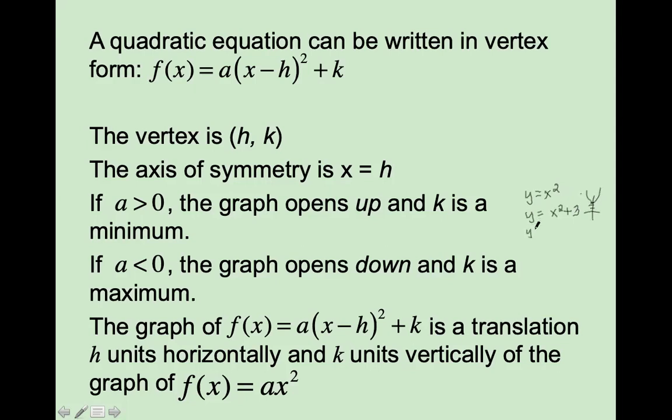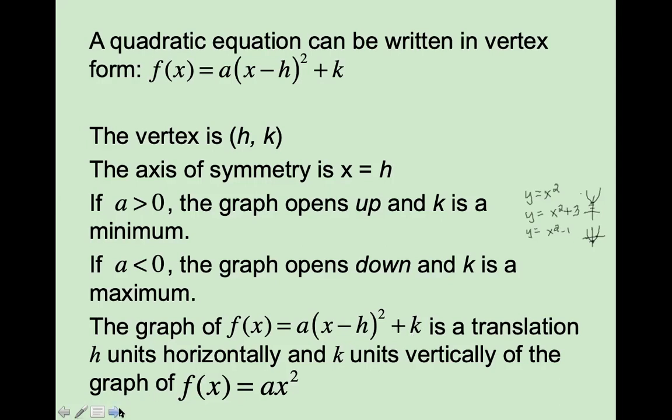If I have y equals x squared, say, minus 1, that's going to take our parent graph and shift it down 1 unit. So it would be sitting down there. So what this form is going to do is going to take whatever my vertex is, and it's going to shift it h units to the right and k units up.